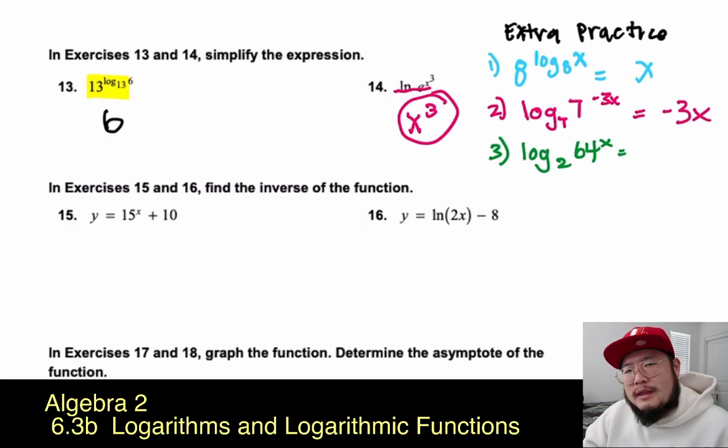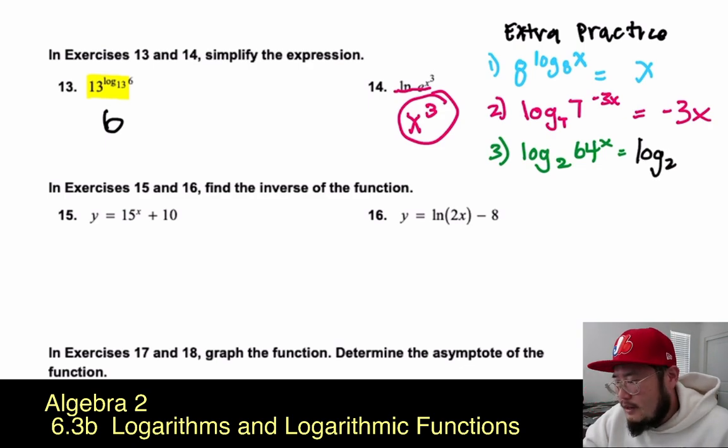This is where you've got to get creative and think, all right, that's 64. Can I rewrite that with a base of 2? And I can. I can rewrite this as log base 2 of 2 raised to the 6th power, which equals 64. And right here, I still do have my x.